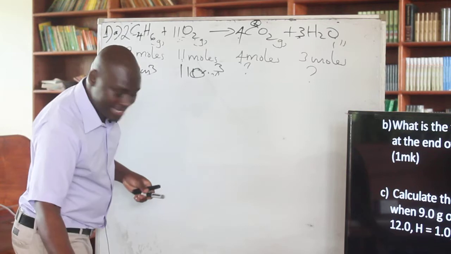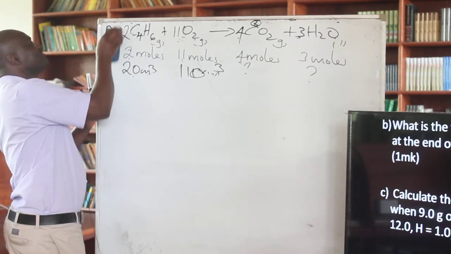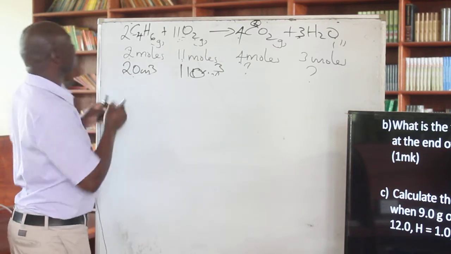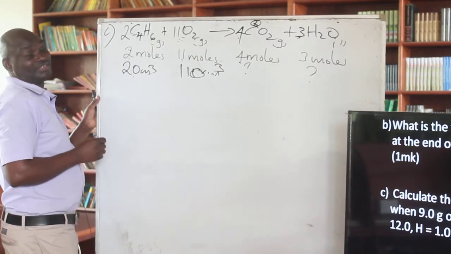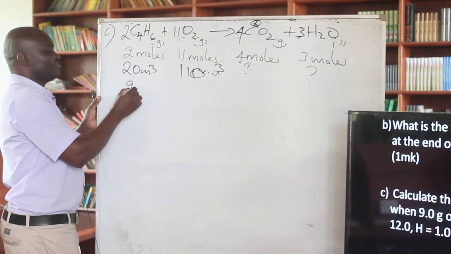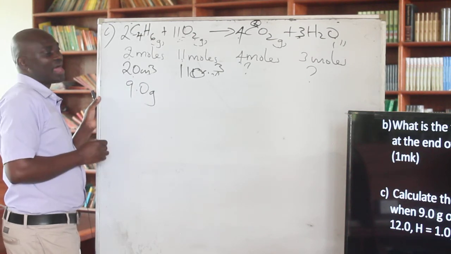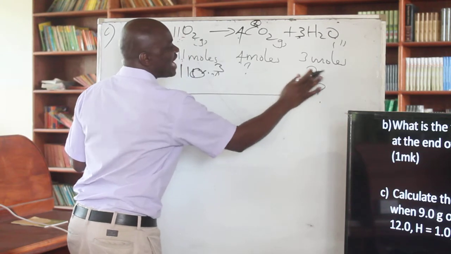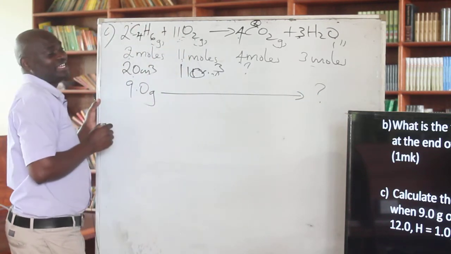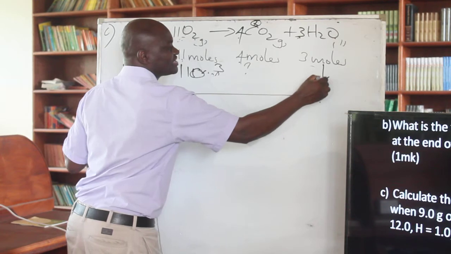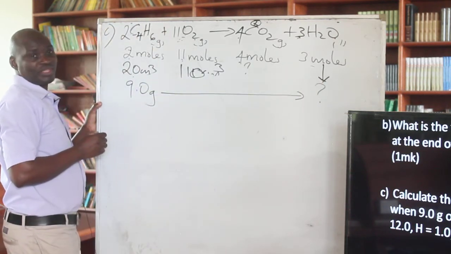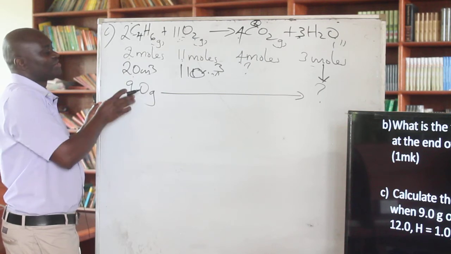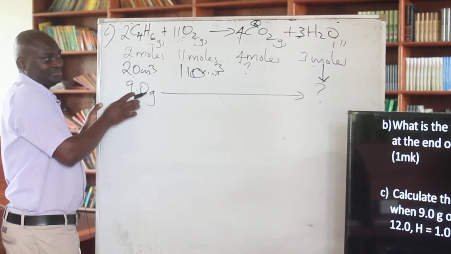In part C, I will start from the equation here. We are given that butane was 9.0 grams. So we need to have the mass of water formed. There are two ways of doing this. One, we can get the moles.